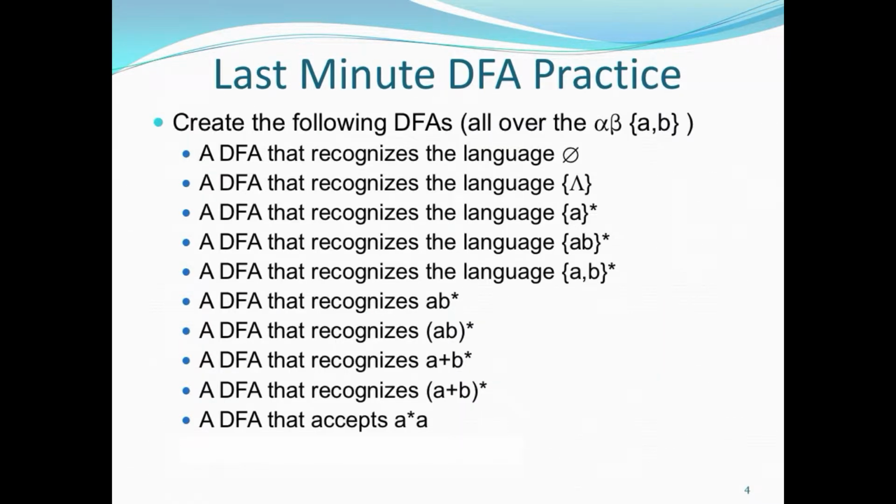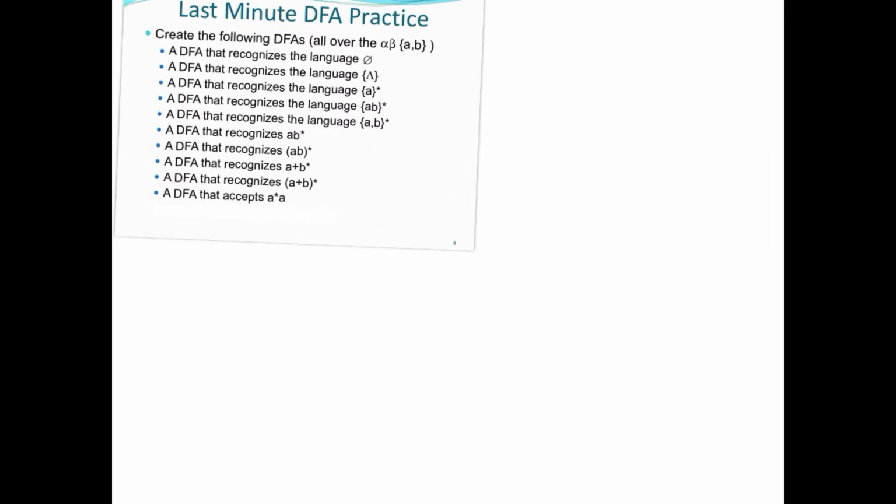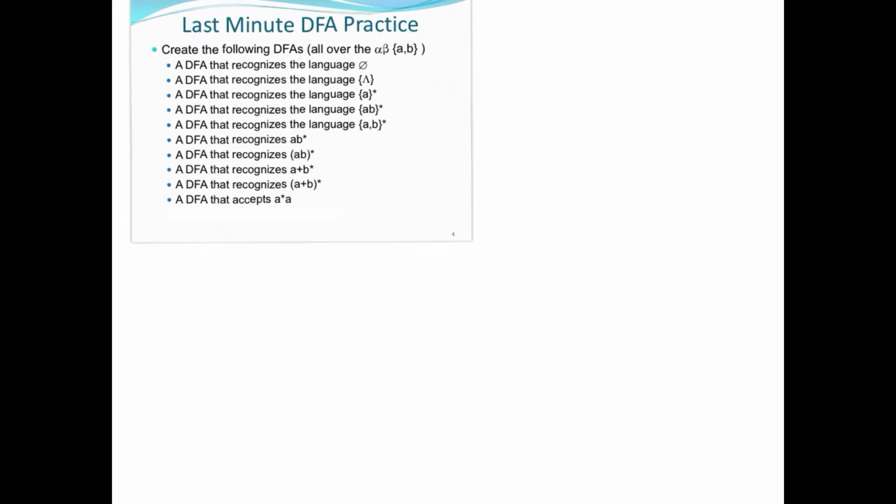Okay, so here's a whole bunch of DFAs that I'm suggesting we should do. I'm not sure we'll do all of these, but let's see. So a DFA that recognizes the language, the empty set, right? Well, the simplest one I could draw may look like this.